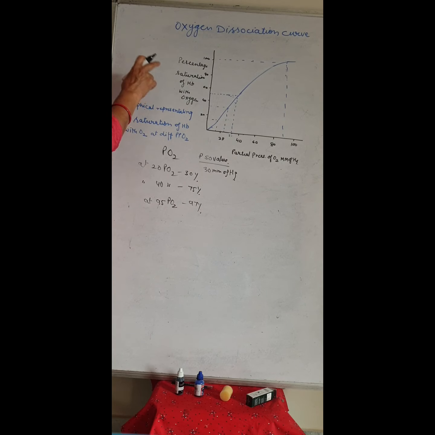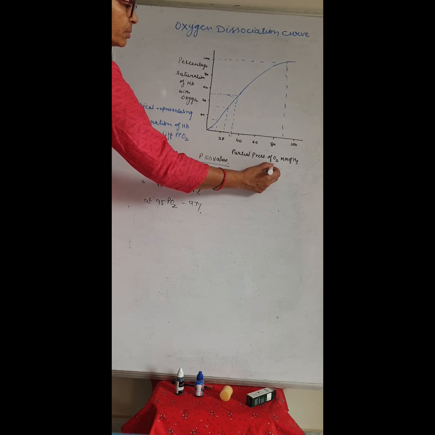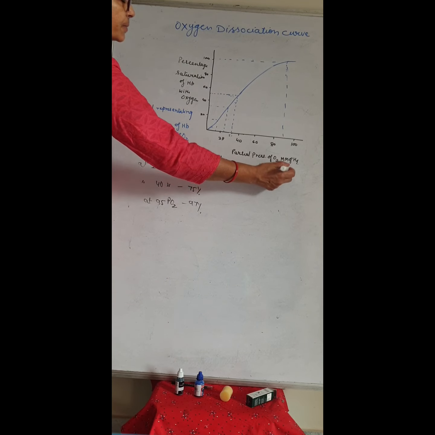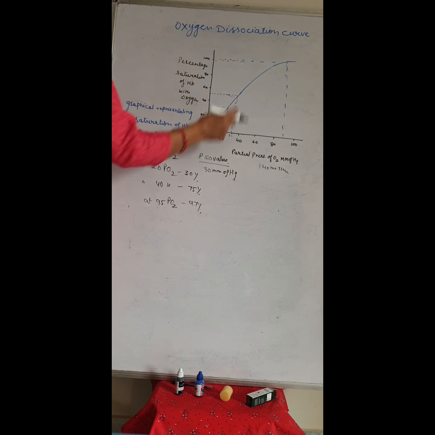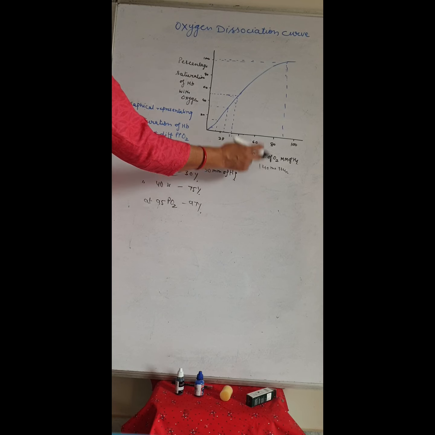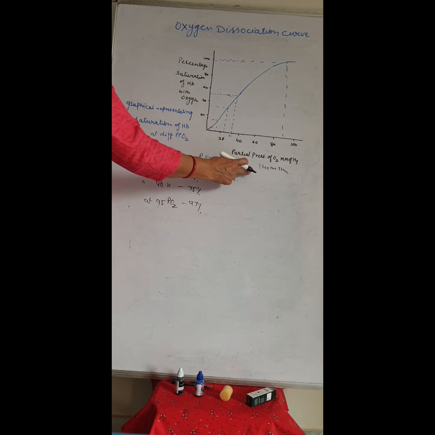The 100% cannot be there. For that, 140 mm of mercury is needed, because for 100% saturation the pressure needed is 140.